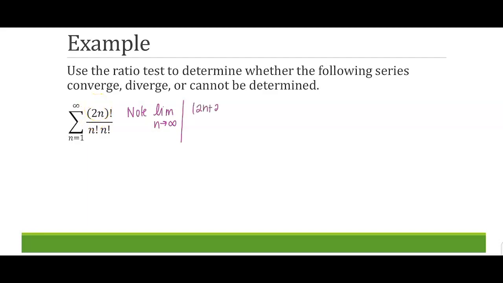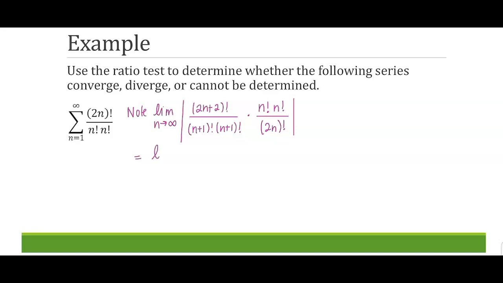So I have 2n plus 2 factorial over each of these n's become n plus 1. So we have n plus 1 factorial, n plus 1 factorial, times the reciprocal of a sub n factorial in the numerator over 2n factorial in the denominator.